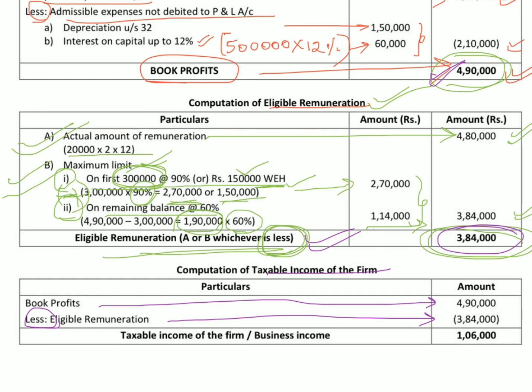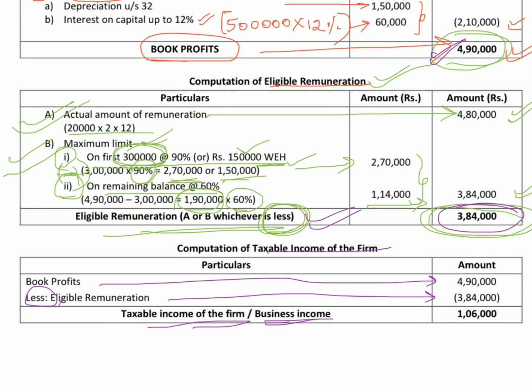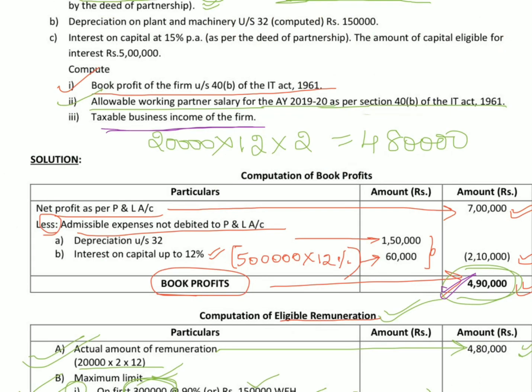So the business income or taxable income of the firm comes to 1,06,000. That is book profit 4,90,000 minus 3,84,000 eligible remuneration. The remaining balance, that is 1,06,000, will be your business income. Okay, so we have also computed the third point, taxable business income. Easy, right? Okay, let's move to the next question.